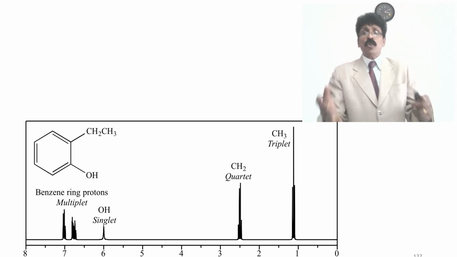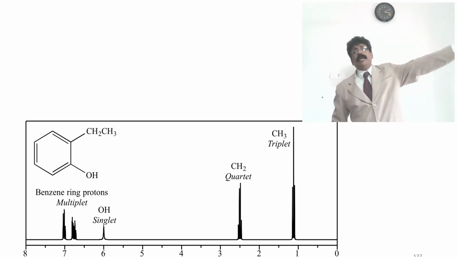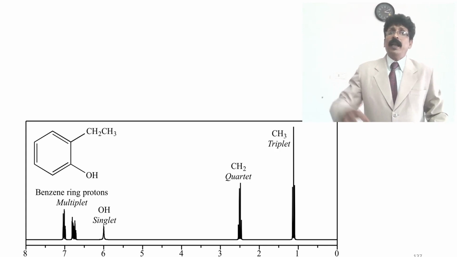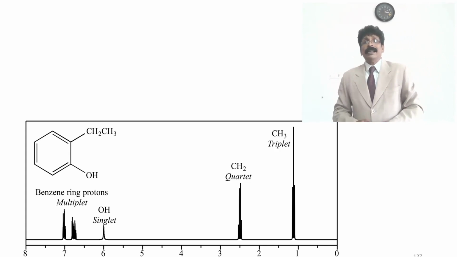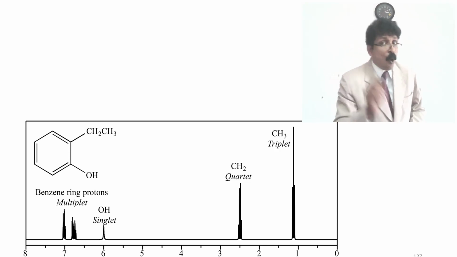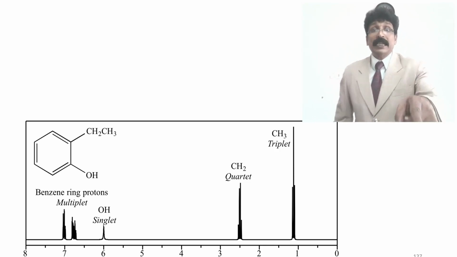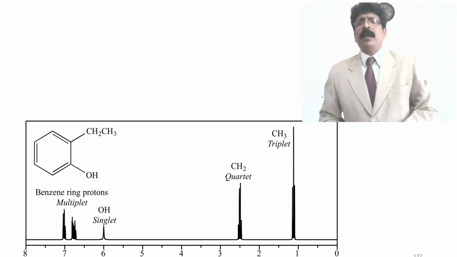So when you are getting a peak in the IR spectrum at, suppose, 3150 or 3050, a very sharp peak, then you can say the OH group is present, and also you can see there is a singlet obtained from the NMR.